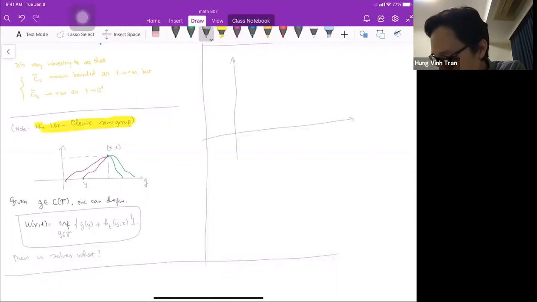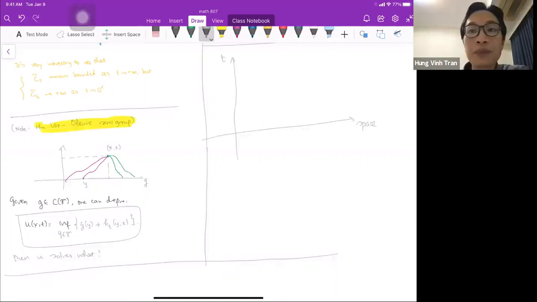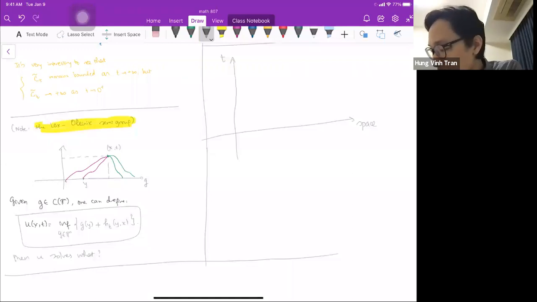This is the space, this is the time. One of the problems in optimal control is that you are starting at a given point (x, t) in the plane. This is your starting point.